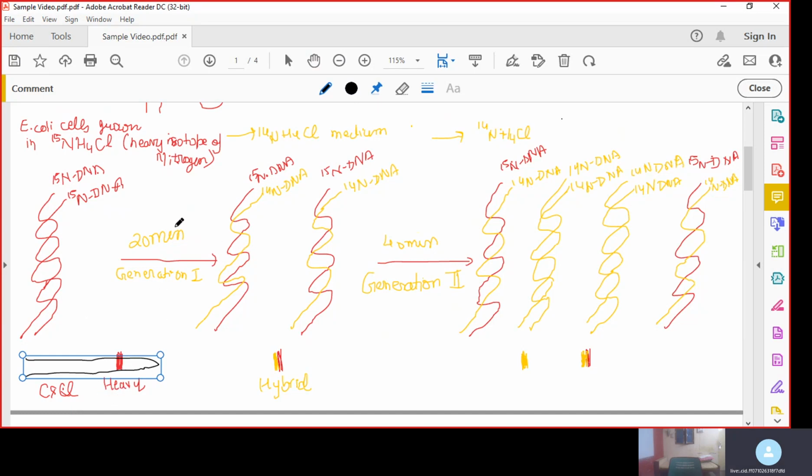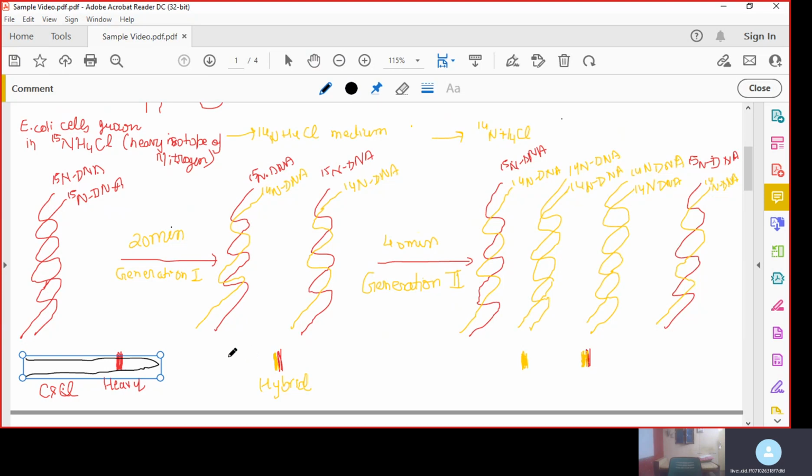Then after 20 minutes, generation 1 was obtained. E. coli cells were transferred from culture medium of heavy isotope to simple nitrogen ammonium chloride medium. After one generation, one strand was template strand, another was the complementary.